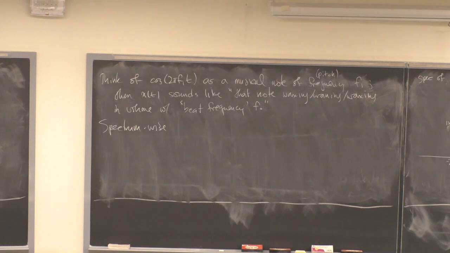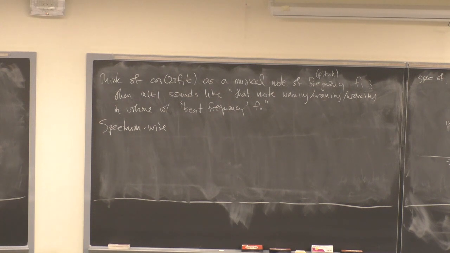We could use high school trig identities to turn this into a sum of cosines. But I don't remember those particular trig identities, the ones for a product of two cosines. Do you remember them by heart? Anybody? OK, so what do we do instead?